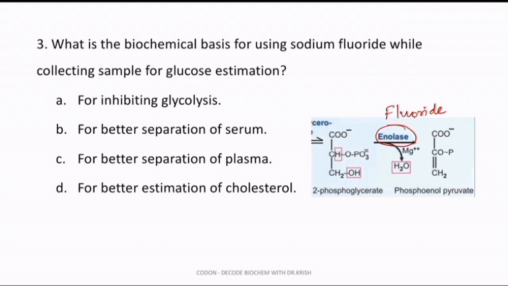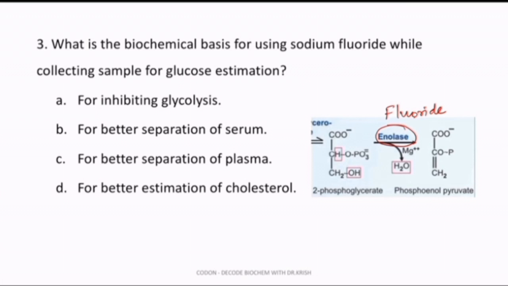So what happens when you collect the blood sample for estimation of blood glucose? You just draw the blood sample from a patient, you collect it in a tube, you come to the lab, you process it, and you give the result. You give a numerical value, a blood sugar value. Sometimes the processing takes time. If the processing takes time, what happens? Your blood, which is collected in the tube, can still undergo glycolysis anaerobically.